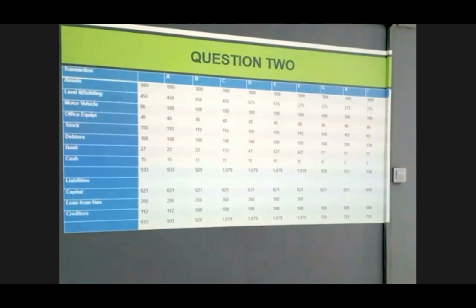We sold some stock of 17,000 and paid off debtors. Normally, when we sell to our clients, that's why you see that the debtors figure has gone up by 12,000.